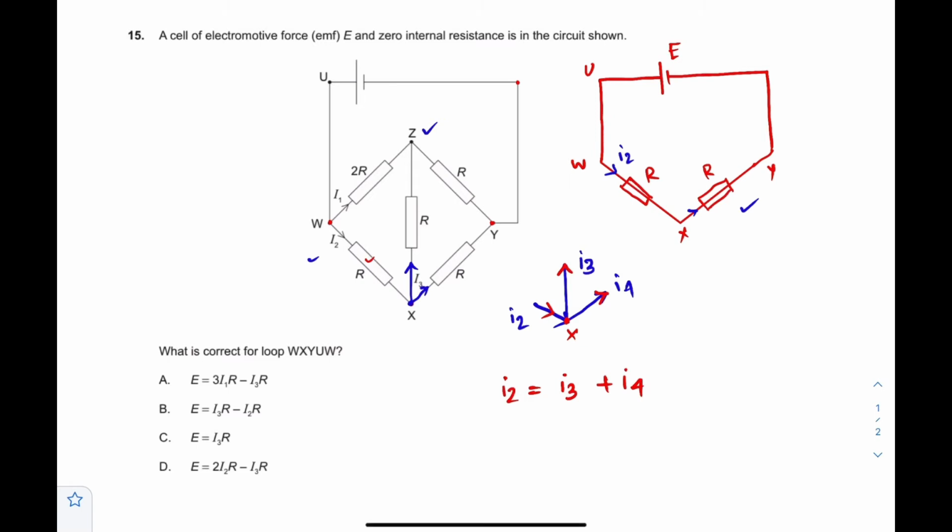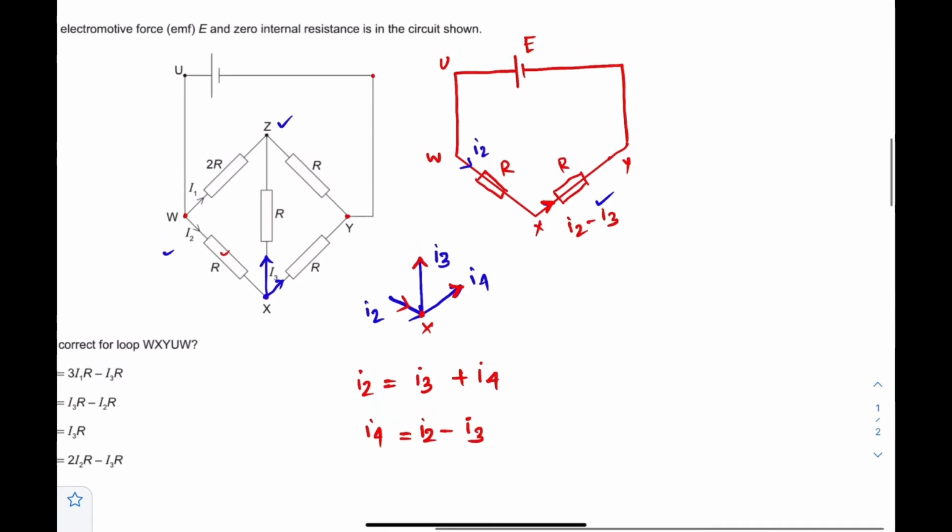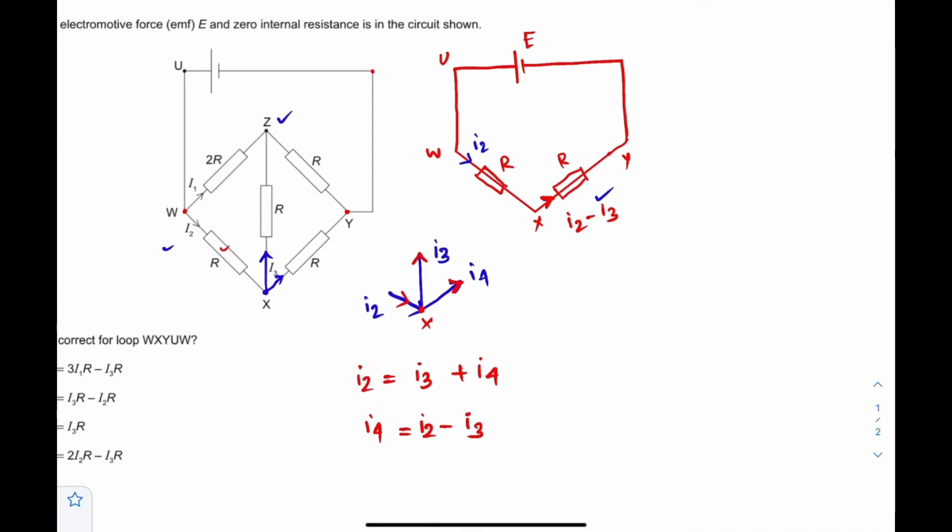So we need to find I4. From here I4 will come out to be I2 minus I3. So we successfully found the current in the loop XY, that is I2 minus I3. Now if I apply Kirchhoff's law in this loop, what will we get?